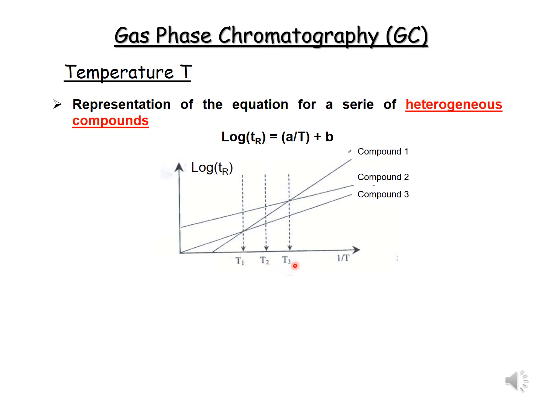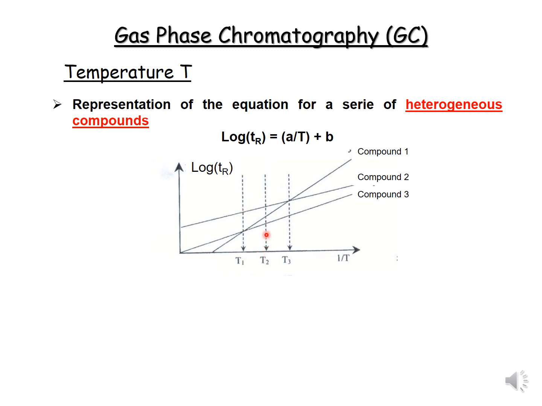If I have to choose the better separation, of course, I have to choose T2, because at T1, I see that I have a cross between compound 1 and compound 3. Then I have no separation of these 2 compounds. There is a co-elution, and I have the separation with compound 2.